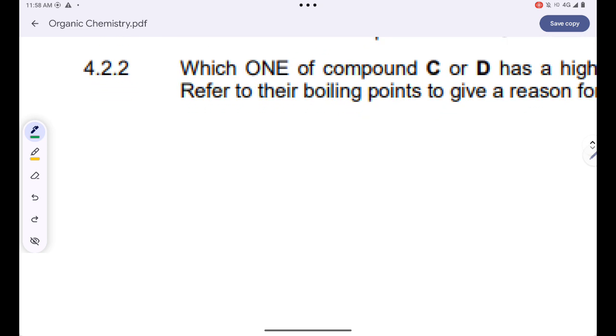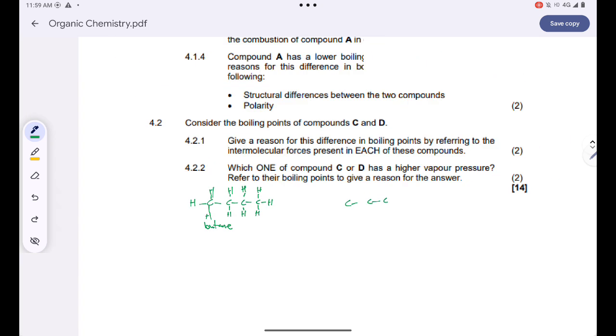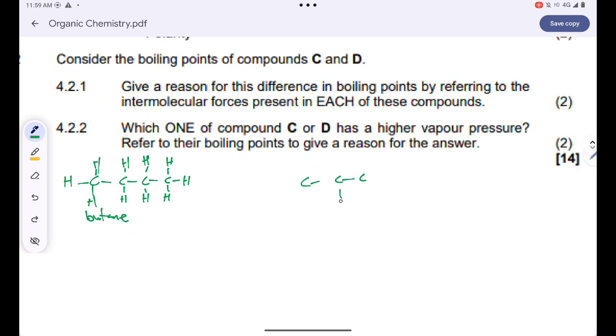Okay, compound A, guys, we have butane. Our compound A will be like this. Butane is a straight chain hydrocarbon that has single bonds between adjacent carbons. That's butane. It has London forces, and its chain isomer. It's just an isomer, okay, it's fine. But the isomer of butane is a chain isomer, guys.